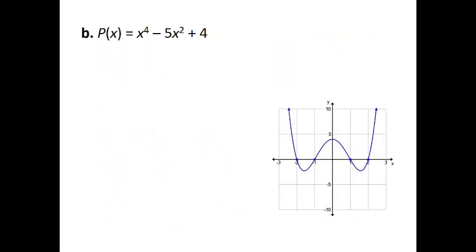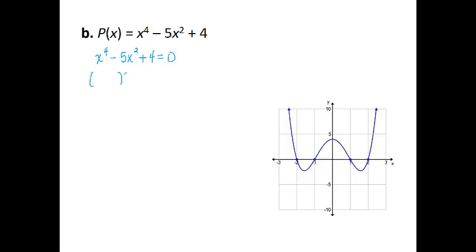Another example is p of x equals x to the 4th minus 5x squared plus 4. To find the zeros, we're going to set that polynomial, x to the 4th minus 5x squared plus 4, equal to 0. We know that the degree is 4, so we should get 4 zeros, including repetitions.